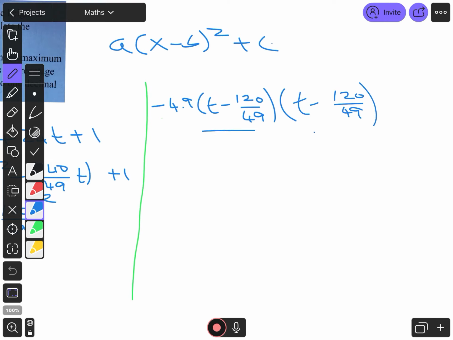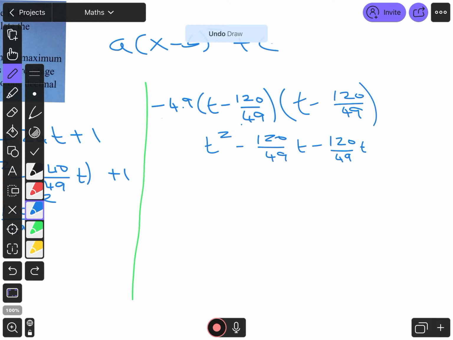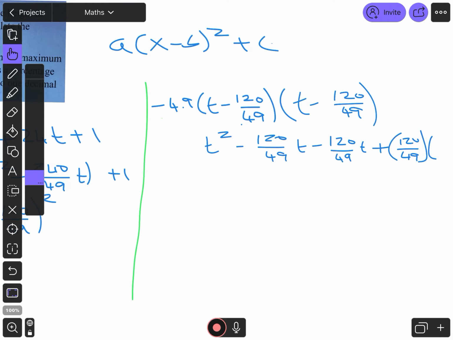So when I do that, if I go to multiply these two brackets, I'm going to multiply t by t, so on and so forth, and I'll end up getting t squared minus 120 over 49 t minus 120 over 49 t, and I'll need to multiply this by this. Now when you do that, you're going to see that you get a massive fraction. So what I'm going to do is I'm going to just leave that. I know minus by minus is going to give me a plus. I'm going to leave them in fraction form, and you'll see why in a minute.